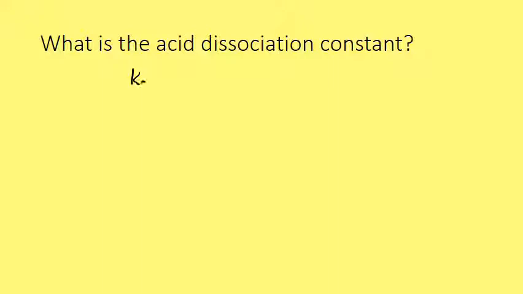Okay, so acid dissociation constant, Ka, is derived from a generic weak acid equilibrium. So let's take the weak acid, which we'll call HA, aqueous. That is in equilibrium with its proton and also the base.